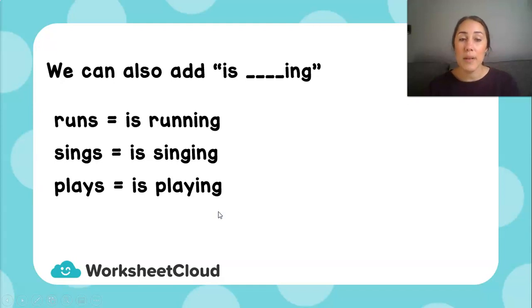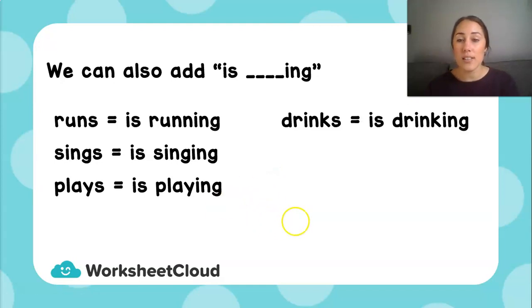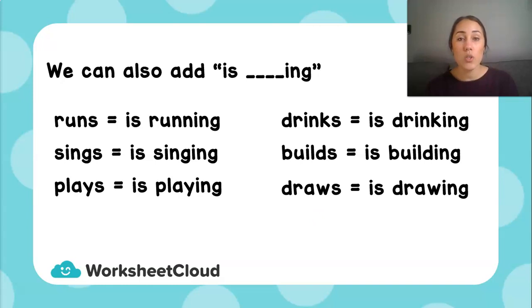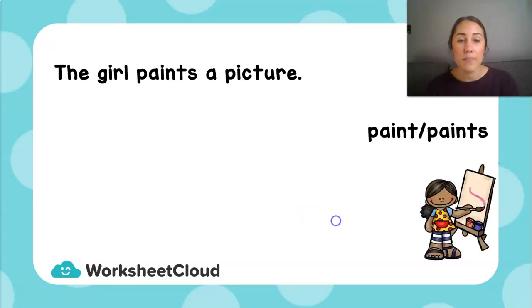Plays is playing. Drinks is drinking. Builds is building. And draws is drawing. Now these are all happening and they're still busy happening while you are busy talking about it. So they haven't stopped yet.